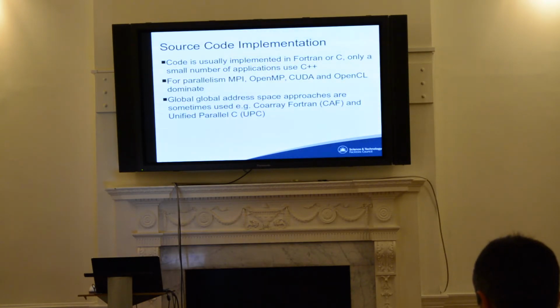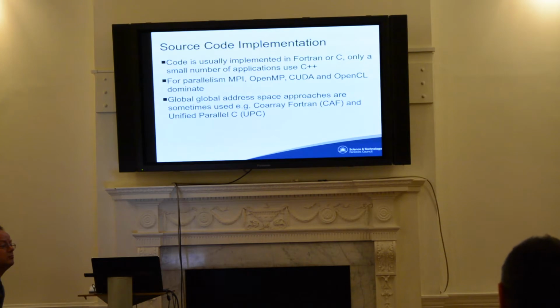There are some that do, and they tend to be written in that way because of the abstraction available with C++ that may be very suitable for the particular mathematical algorithm that's being coded up. But in general, Fortran is the choice for getting the best performance.